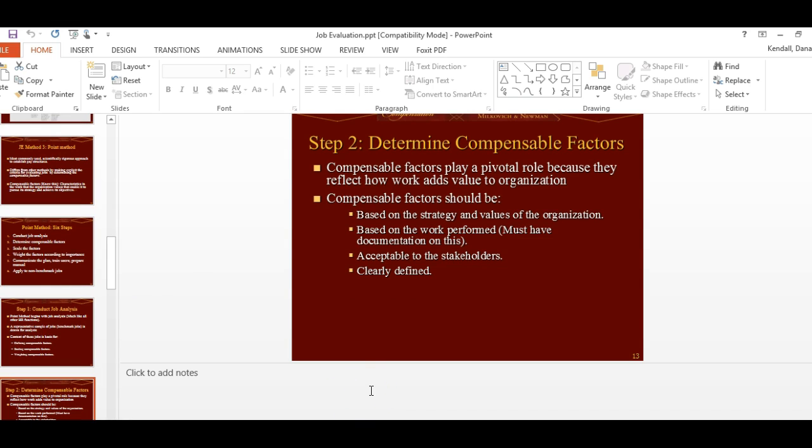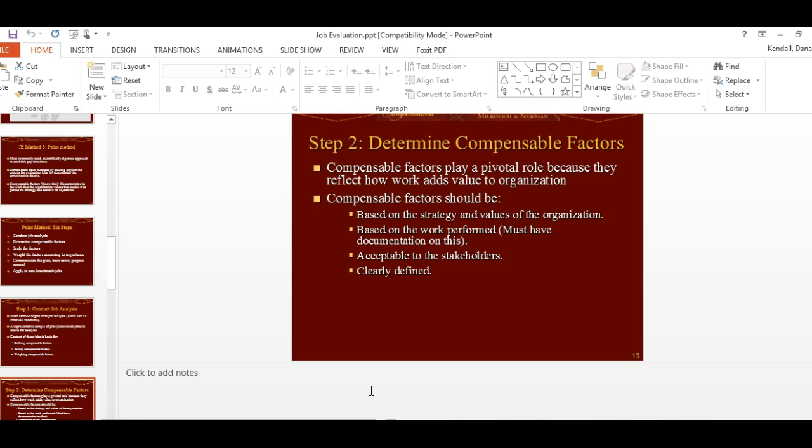First, we're going to look at what compensable factors should be. They should be based on the strategy and values of the org. So what do we really want our employees to be engaging in? What are the most important behaviors and skills that we need? They're based on the work that is to be performed, and it's good to have documentation of this from the job analysis.